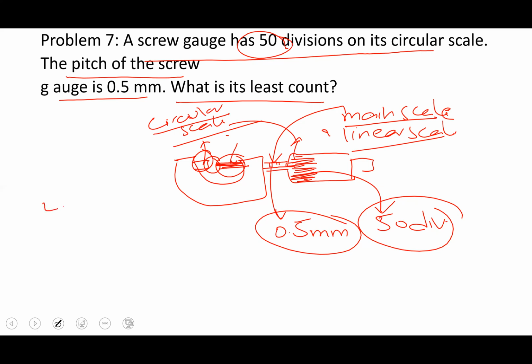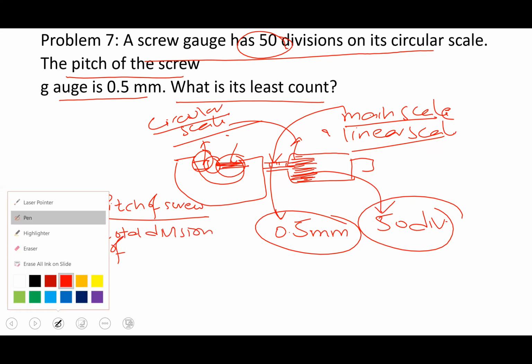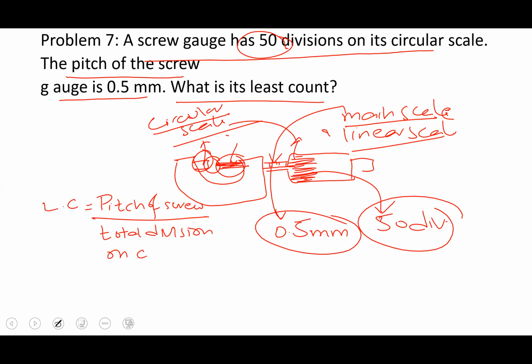Least count, LC, is basically the pitch of the screw divided by the total deviations on the circular scale.